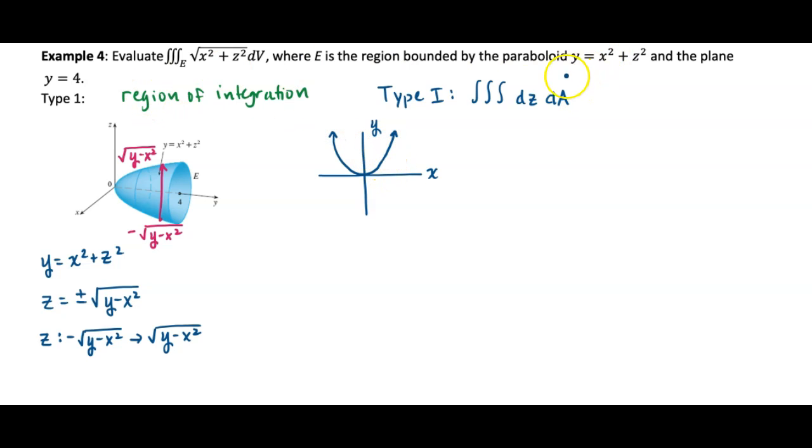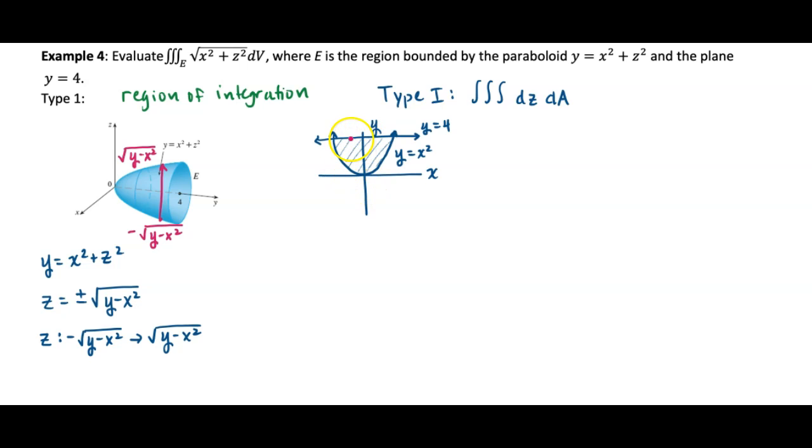And so I'm told that this is my paraboloid, y equals x squared plus z squared. Well, at z equals 0, this is going to be y equals x squared. So this is my y equals x squared. And the plane y equals 4. So in 2 dimensions, this is just going to be the line y equals 4. Meaning this is our integration region in 2 dimensions.